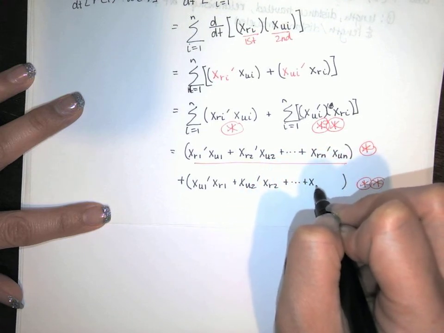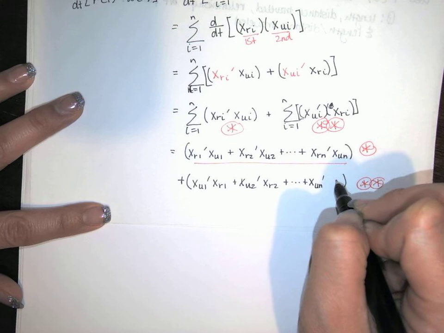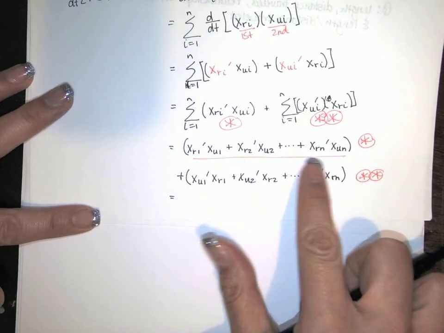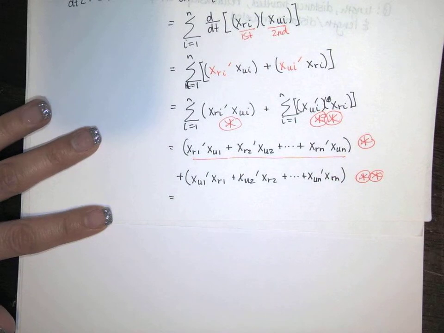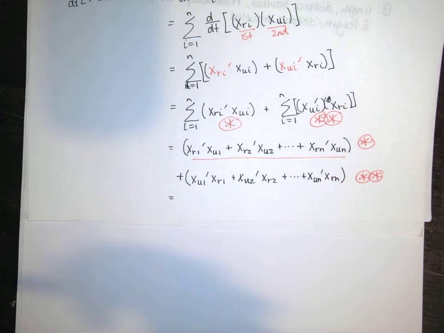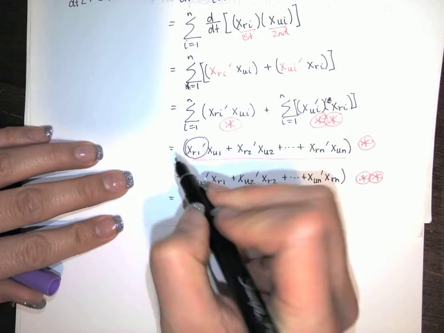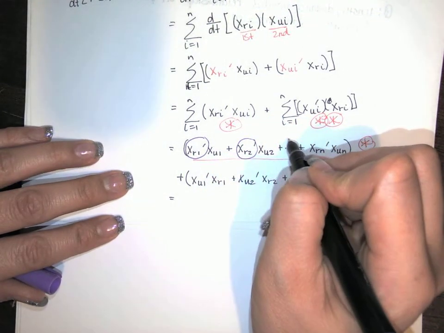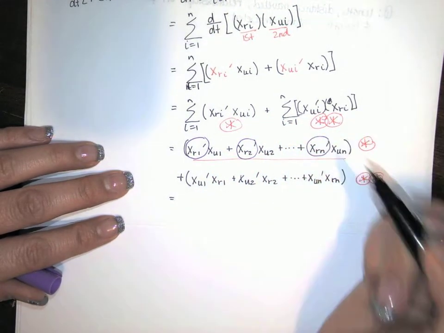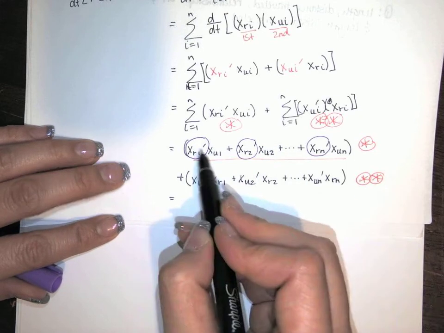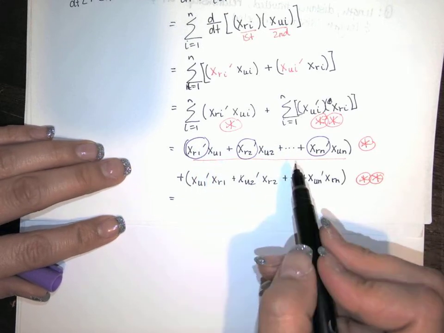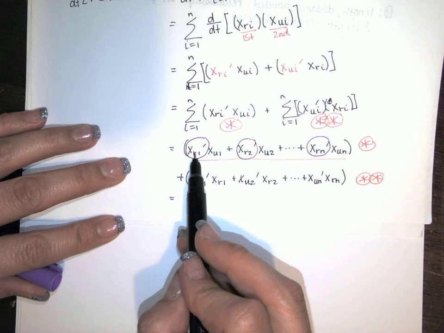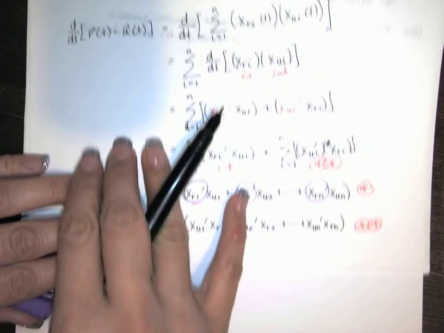Eventually we get x sub u sub n prime and x sub r sub n. That's a dot product. Look at these terms. That's x sub r sub 1 prime, and x sub r sub 2 prime, and x sub r sub 3 prime is going to be over here, and eventually x sub r sub n prime. So when I take that out, and I think of that as a vector being dotted with another vector, that first vector is, well, because of these r's here, remember?